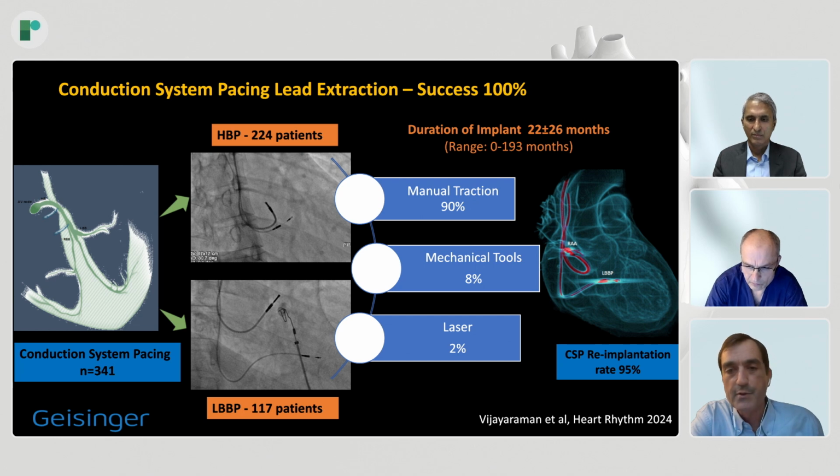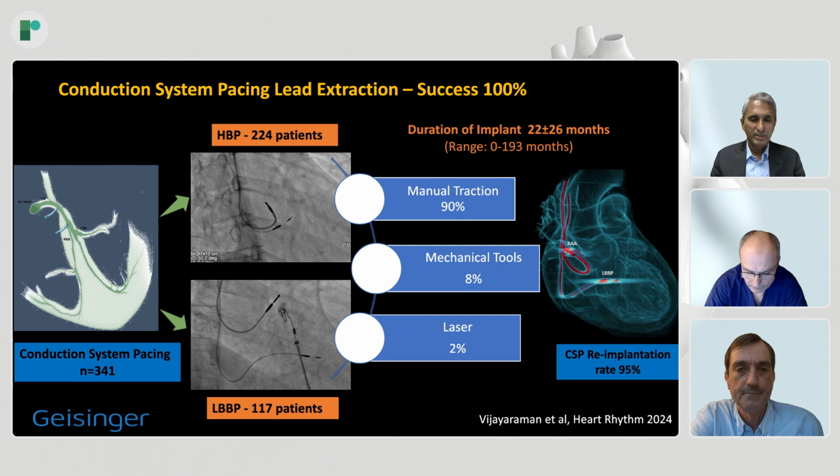And in our experience, we haven't had the need to use additional tools for lead extraction. Just the extraction without any additional tools has been enough for all of our patients. So really good experience.